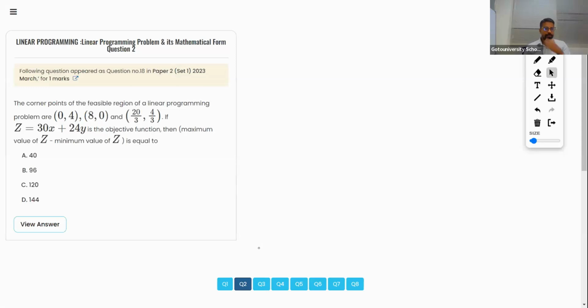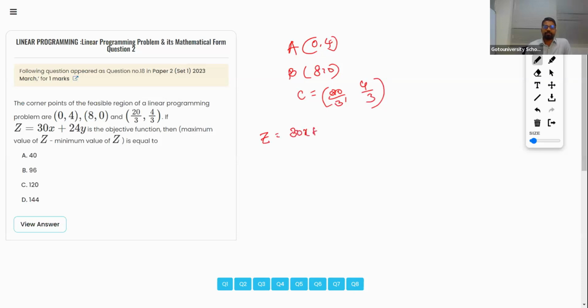Question number 2. The corner points of a feasible region of a linear programming problem are 0, comma 4, 8, comma 0, and 20 by 3, comma 4 by 3. If the objective function is 30x plus 24y, find the maximum value of z.